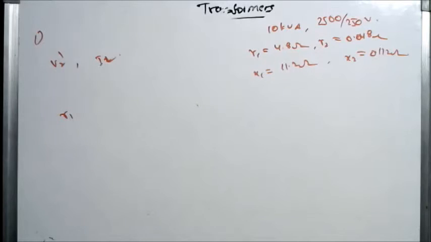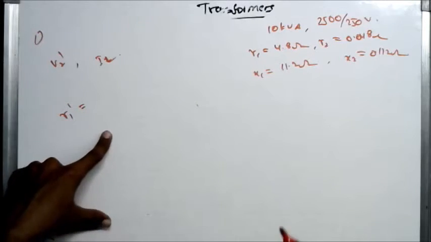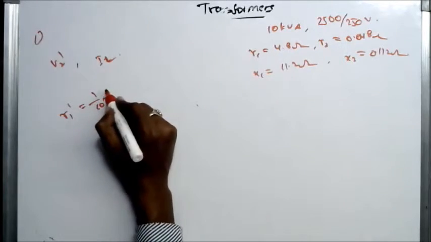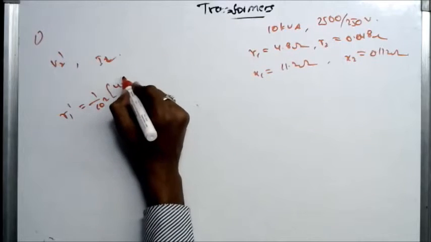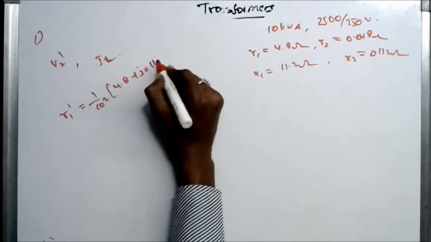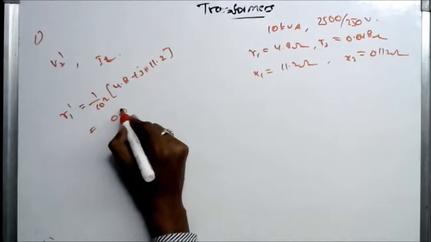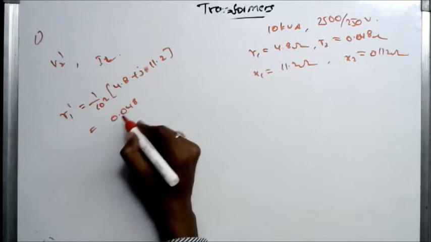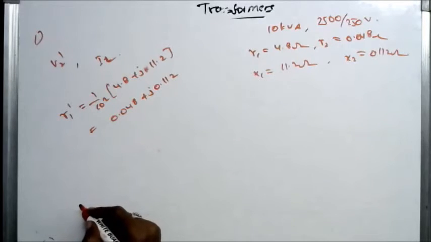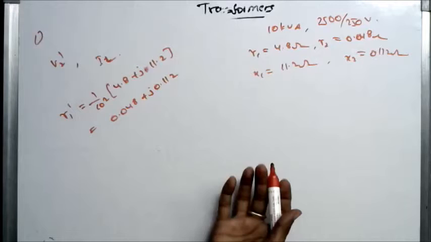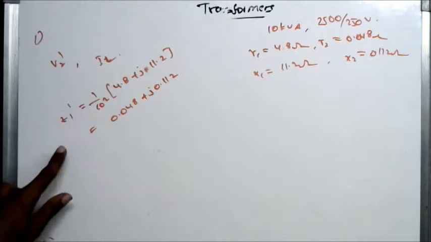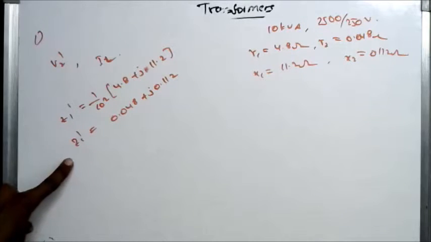So now Z1 dash is equal to, 10 is the ratio, so we divide by 10 squared: 1 by 10 squared into 4.8 plus j into 11.2. So here 0.048 will come plus j into 0.112 will come. This is the referred value, Z1 dash.